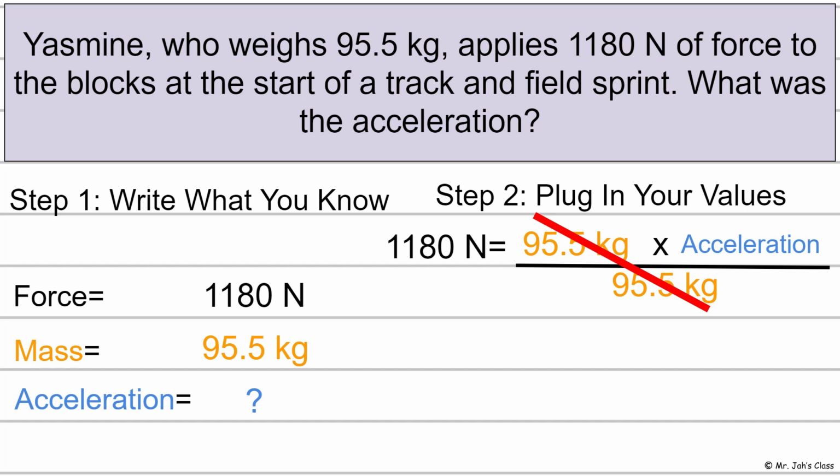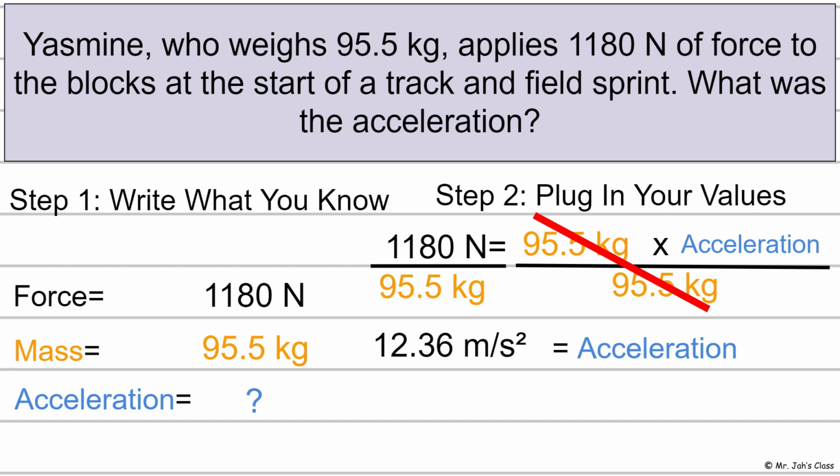So whatever we do to one side of the equation, we have to do to the other side. So therefore, acceleration is equal to 12.36 meters per second squared. And that is how you solve for acceleration.